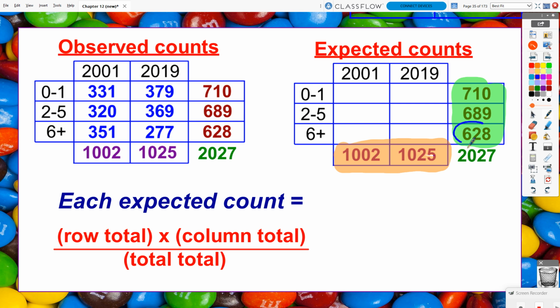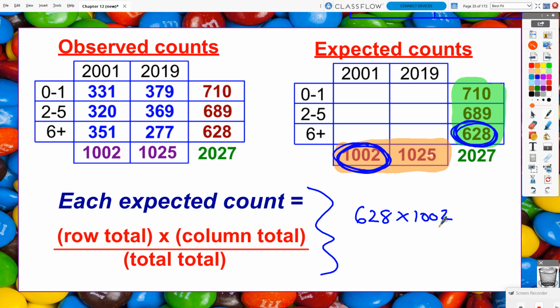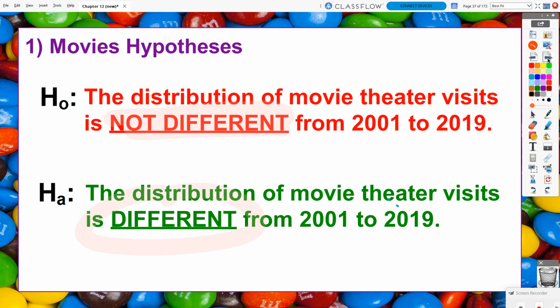So 628 is our smallest subtotal for the rows, and 1002 is the smallest subtotal for the columns. If I just use this formula one time, 628 times 1002 divided by 2027, then I could figure out truly what the smallest expected count is. If that's the only one you do, then so be it. Then you'll know what the third condition is really supposed to be: the smallest expected count is this number, and that's greater than or equal to 5, and you can move on from there.